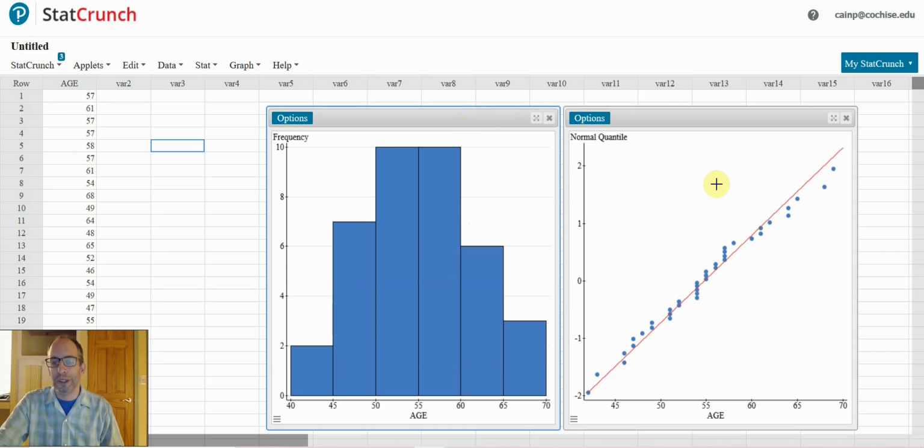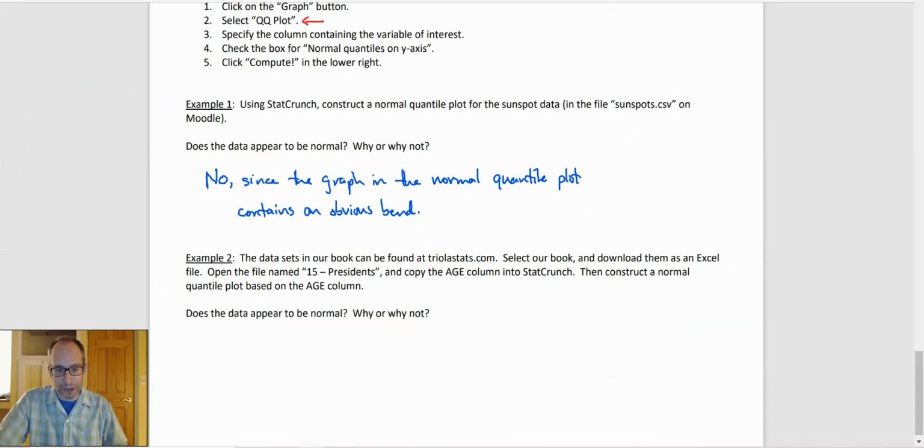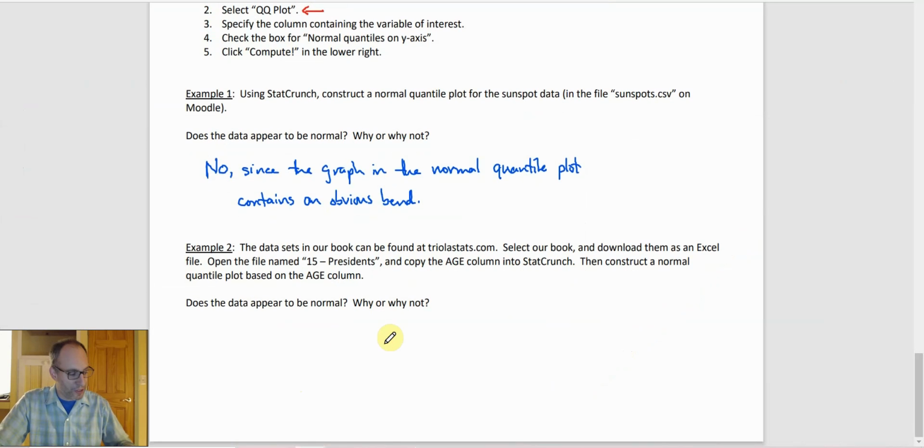I don't even know if you need to take this next step. It's good to know that it's there for the ones that are kind of iffy, but this one's not really iffy, right? I mean, looking at this thing, you go, yeah, it's almost perfect. But then you look at this and you go, yeah, that looks pretty good too. That looks pretty straight. So to go back to the question, do the data appear to be normal? Yeah, that one looks good.